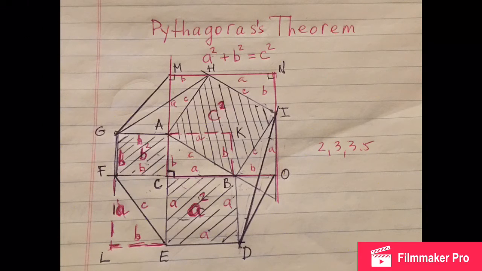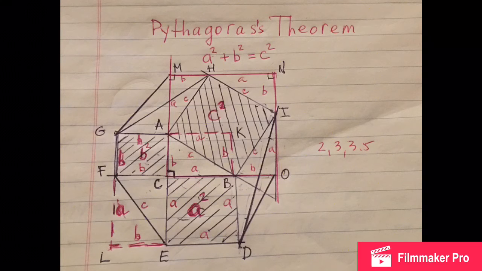We can see inside of the square GKDL the square GACF with a side b, the square CBDE with a side a, and two rectangles FCEL and AKBC.